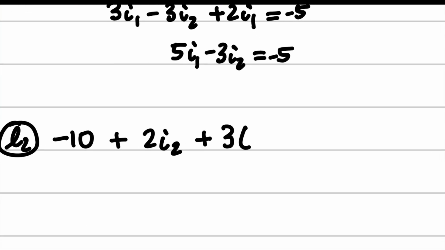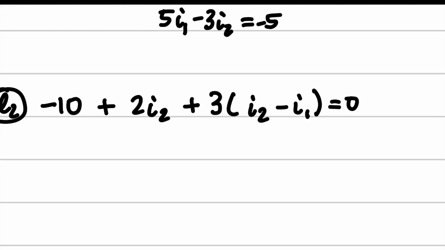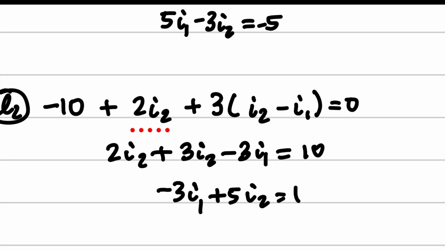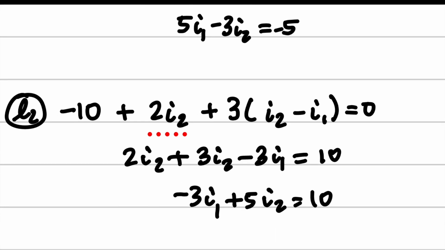Now, once again, we have 2 currents going into this branch: I2 minus I1 equals 0. And we're going to get negative 3I1 plus 5I2 equals 10.